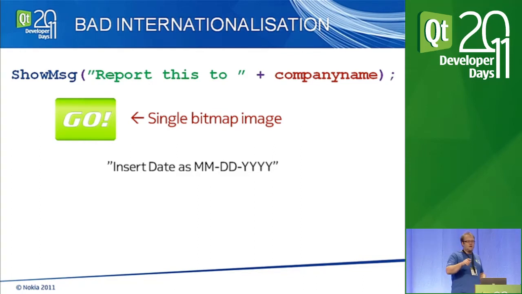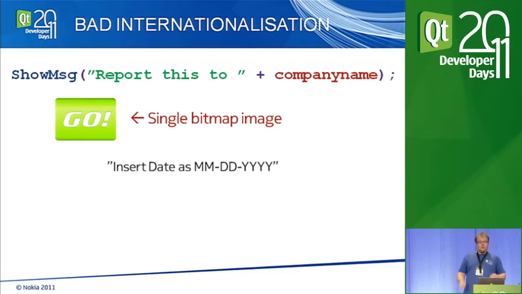For the user to input the date correctly, what you would do is have a date picker component, so that the user can just select the date. Then in your application, you can show the date to the user in the user's own preferred date format by using locale settings. And in your code, you just save the date as a date object, so then you can use it properly.